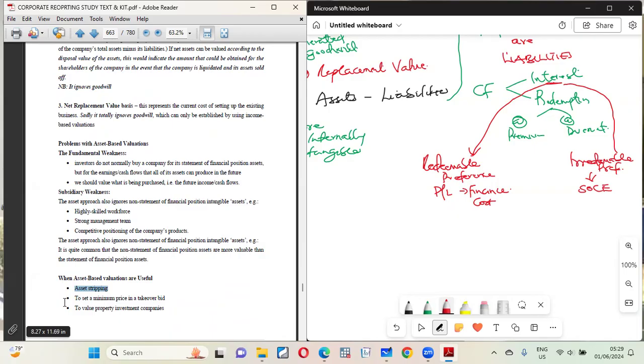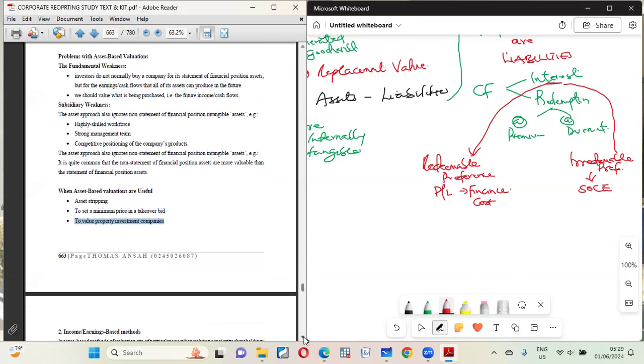So if you are doing asset stripping, then it means the asset-based valuation method is very important. We use this to set the minimum price of a takeover. I think we've explained that. And most importantly, if the companies that you are valuing are property investment companies whose assets are predominant, it is best you use the asset-based methodology.